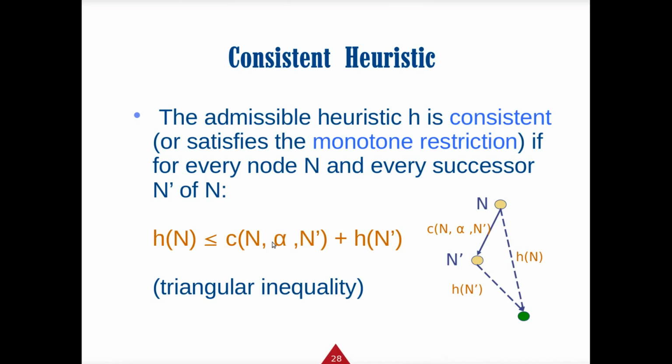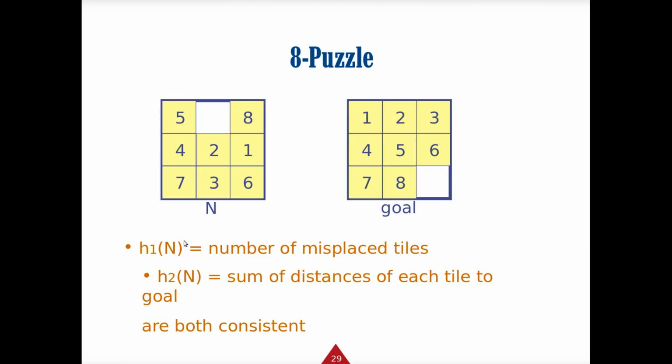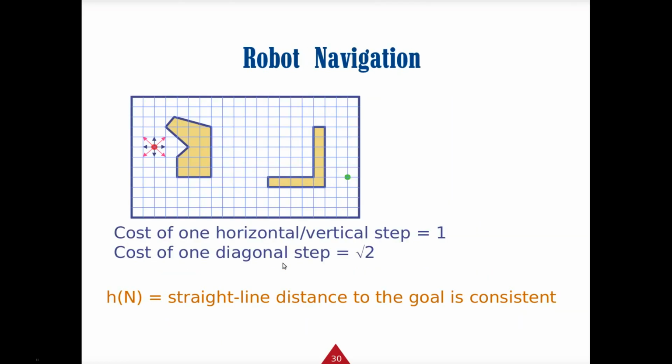In this case, the path where we have fewer nodes is better performance. So we have the number of misplaced tiles and the sum of distances. Both of these are consistent, since both of these have fewer nodes to go through different steps.